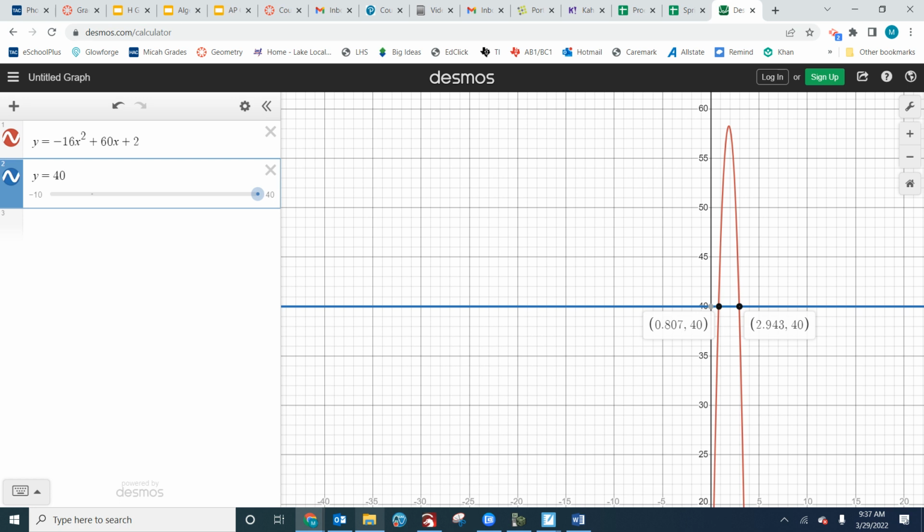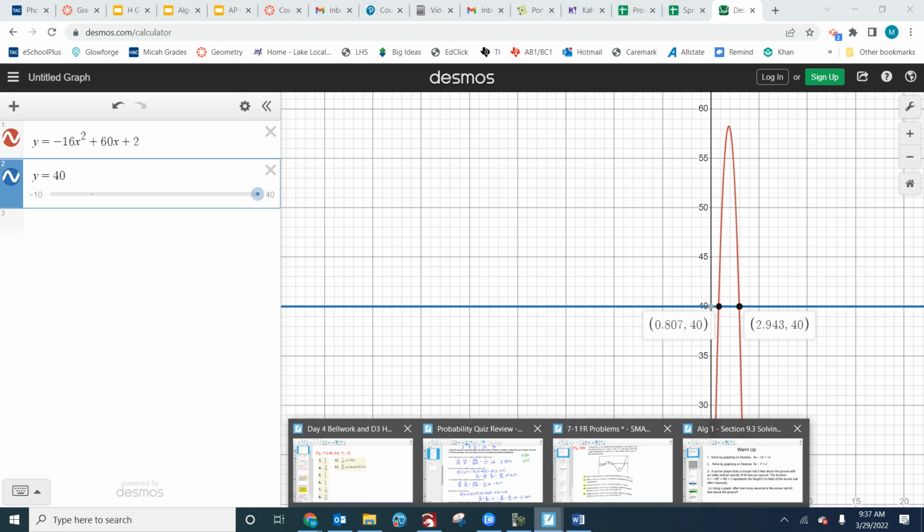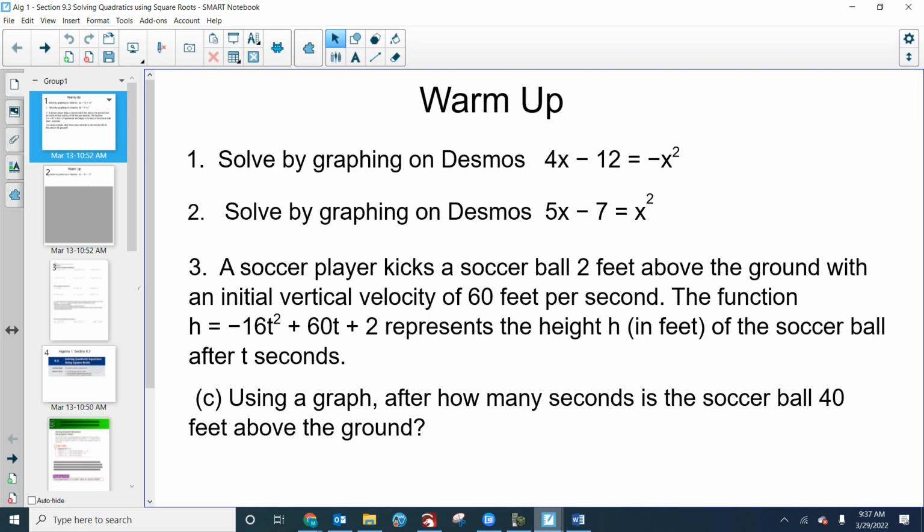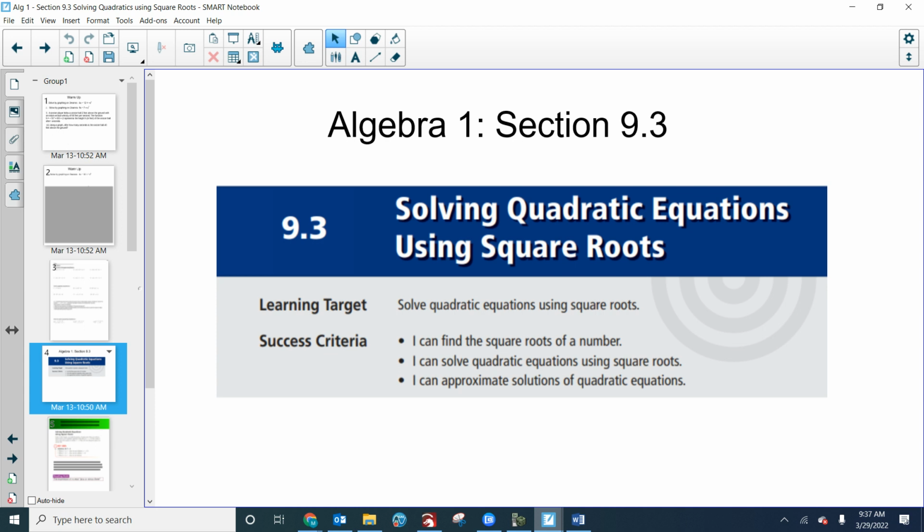Okay? So do you remember what we said when we did this problem? So if we had this, do you remember what we wrote? Remember, Bailey?